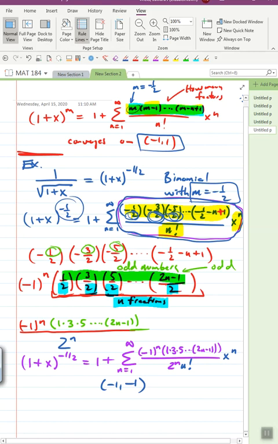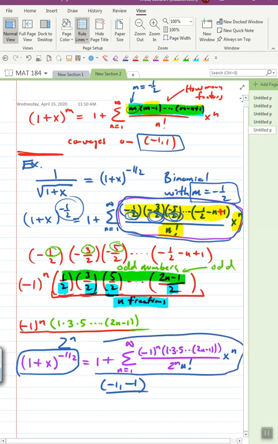If I wanted to evaluate this function at any number between negative 1 and 1, this power series would converge to that value, meaning if I use enough terms in this series, I can get as good an approximation of 1 over the square root of 1 plus x as I want. How far would I need to go if I needed a certain accuracy? That's where I would have to use Taylor's remainder theorem. And I will do one of those for you here in a minute, so you've got another one to look at, similar to the one we did yesterday.